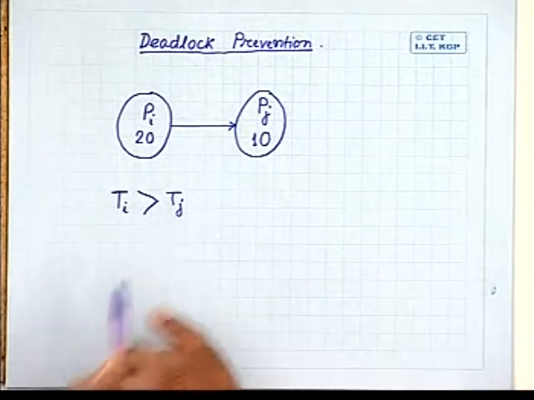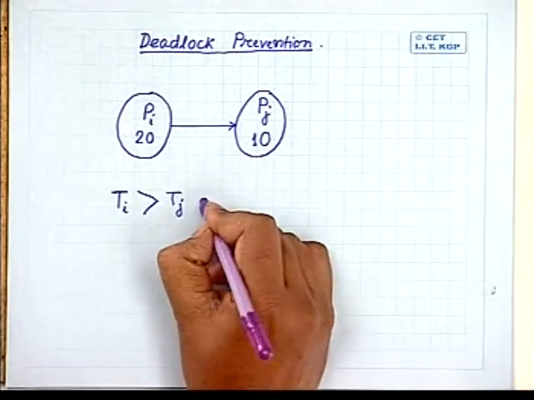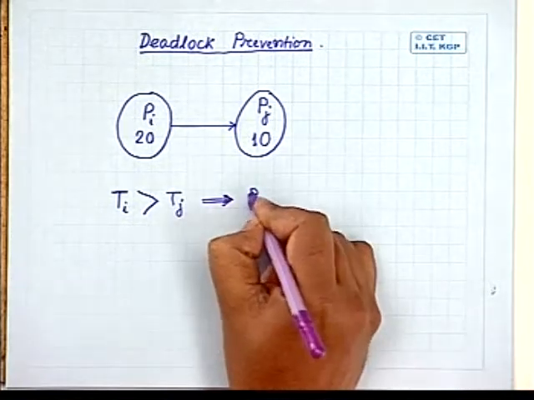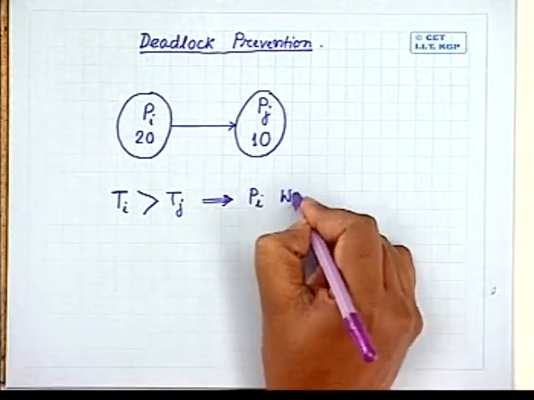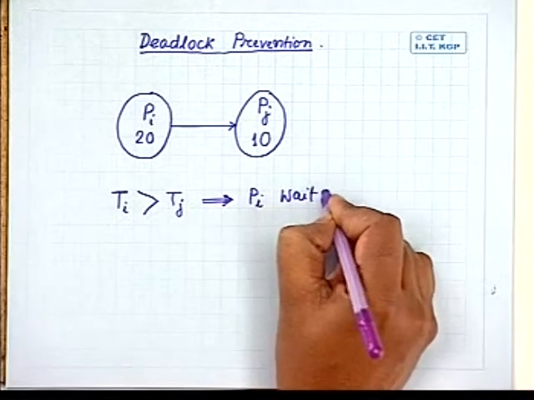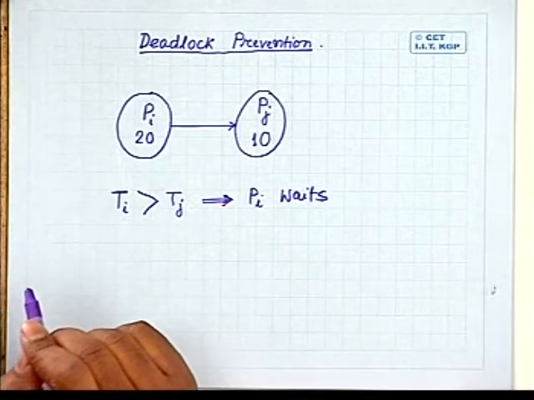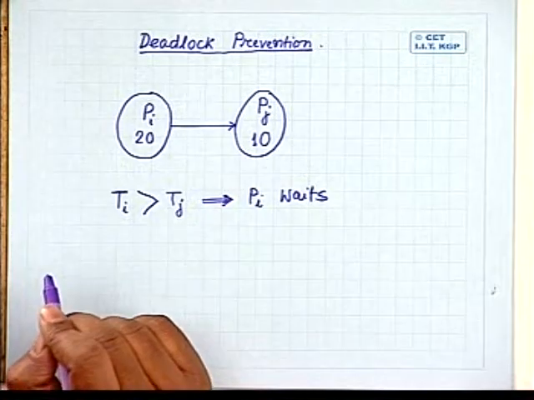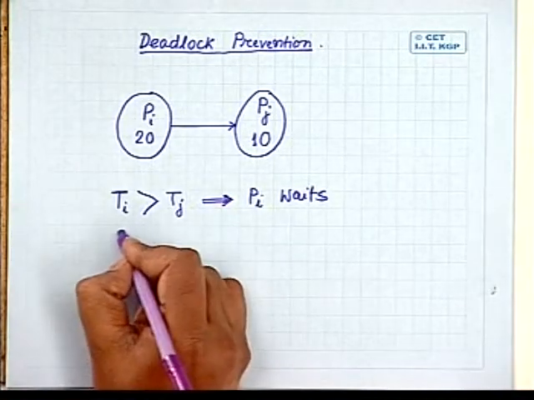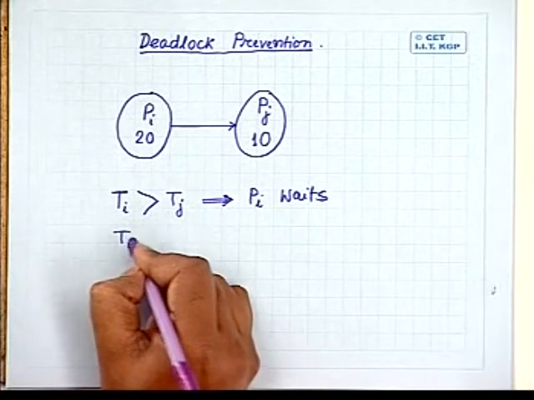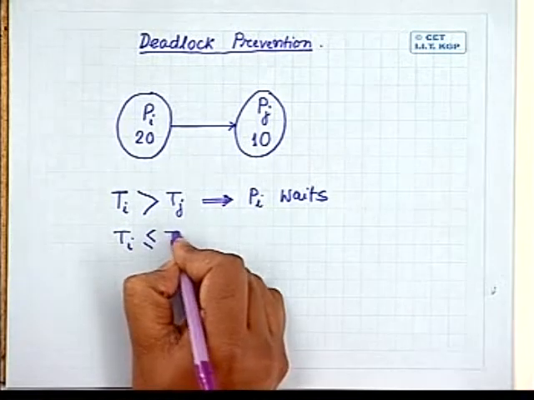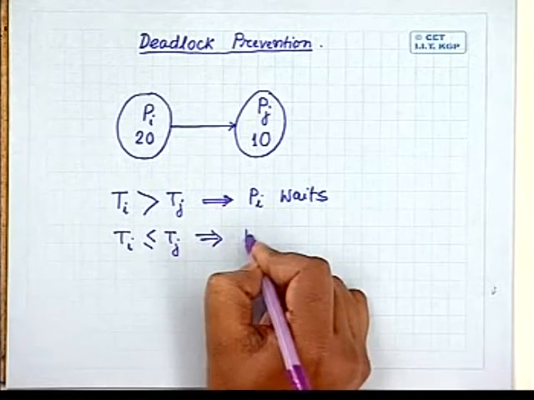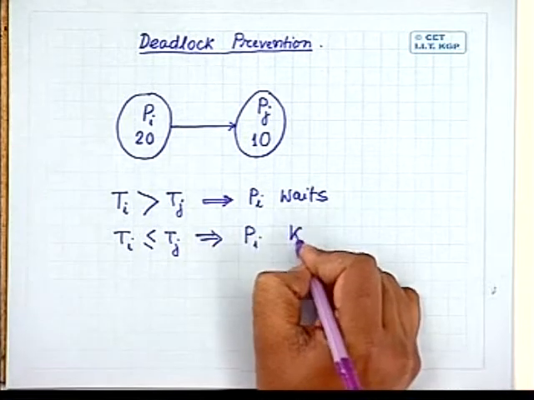then Pi will be asked to wait. Otherwise, if Ti is less than or equal to Tj, then Pi will be killed.